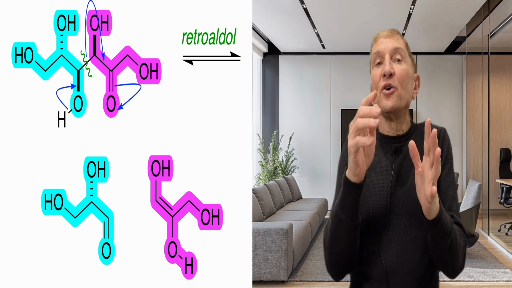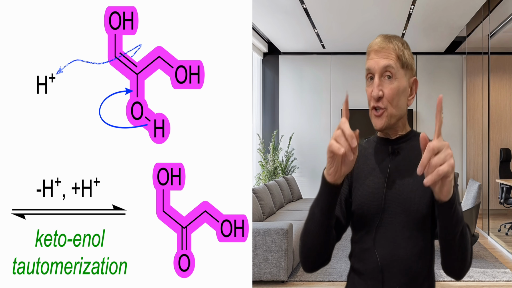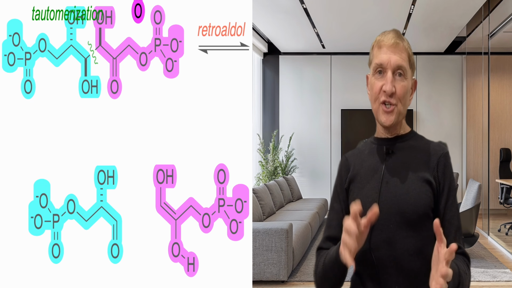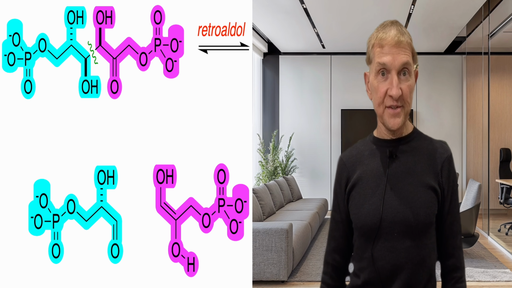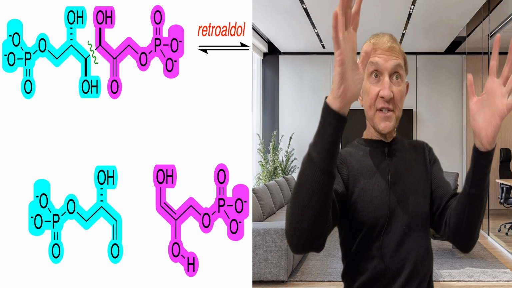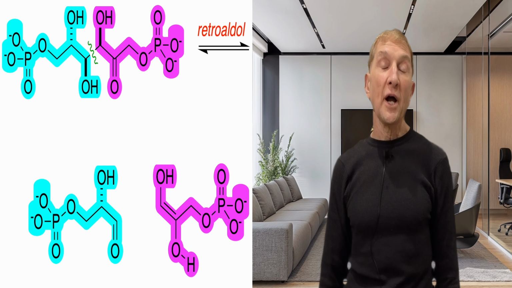That enediol, if it retautomerizes, may form dihydroxyacetone. The retroaldol reaction is the key step in glycolysis because it breaks the CC bond and converts C6, glucose, to C3, ultimately to pyruvate.